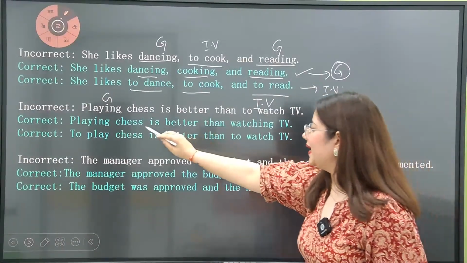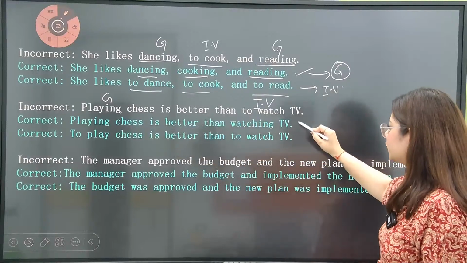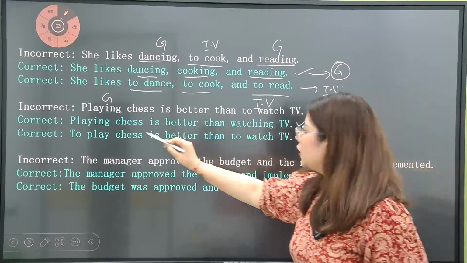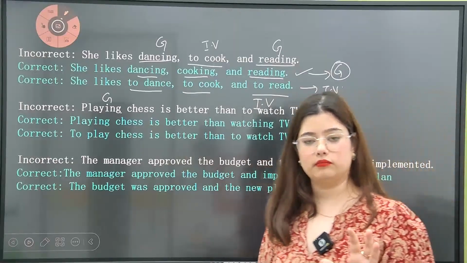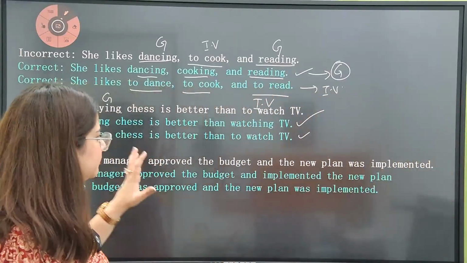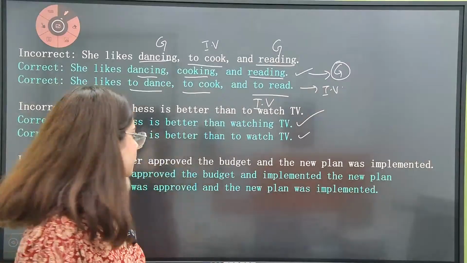So, playing chess is better than watching TV. Correct. To play chess is better than to watch TV is also correct. बस structure uniform होना चाहिए.